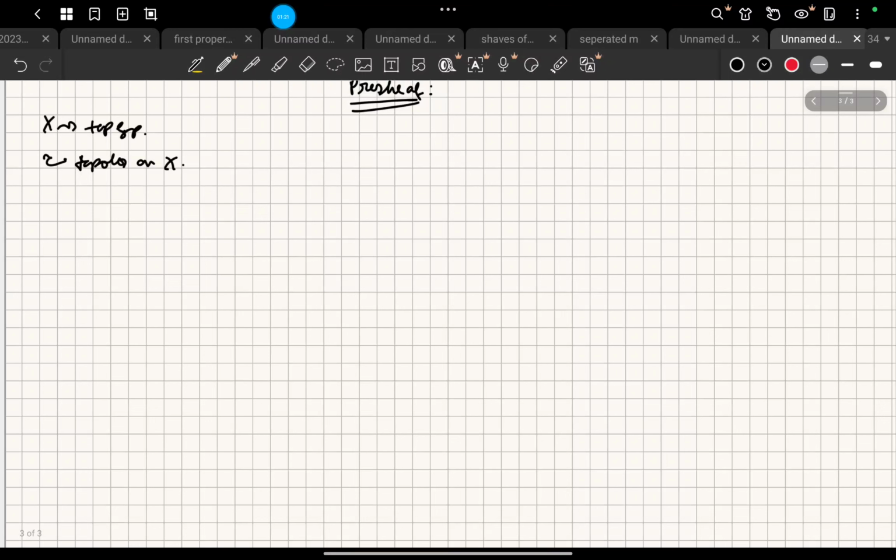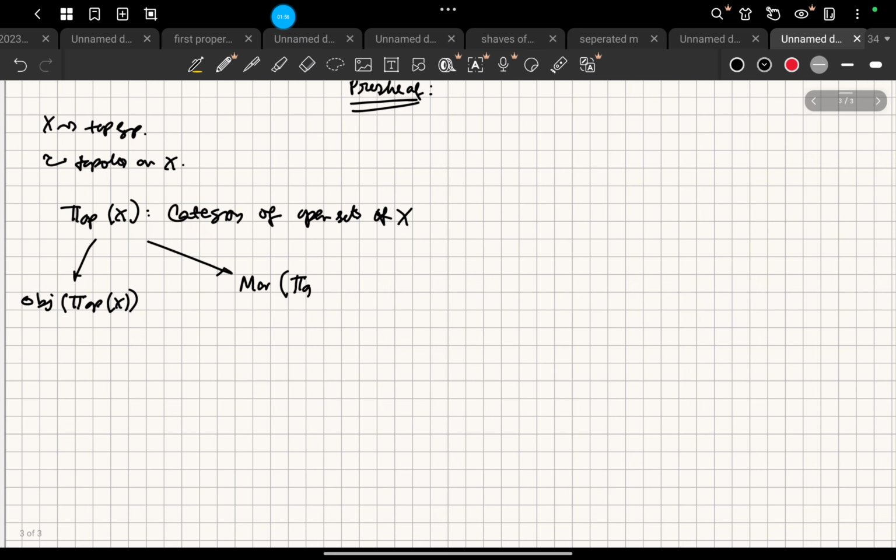Now I will consider Top X to be the category of open sets of X. So once I have a category of open sets, that makes sense that I have two kinds of objects: objects of Top X and morphisms of Top X.